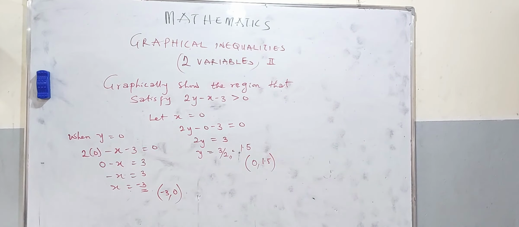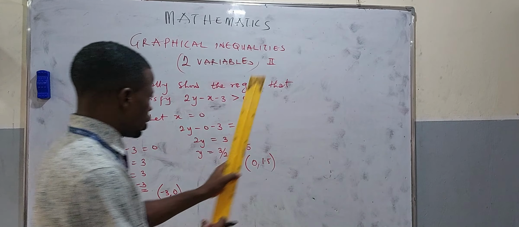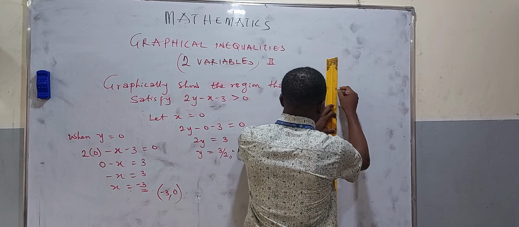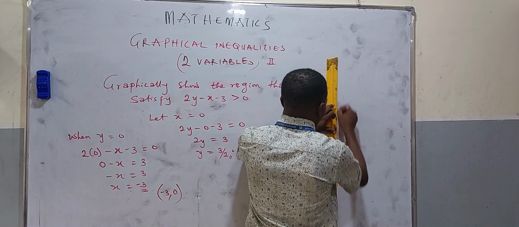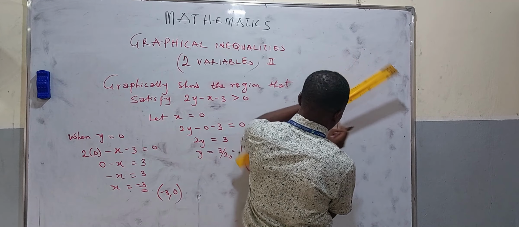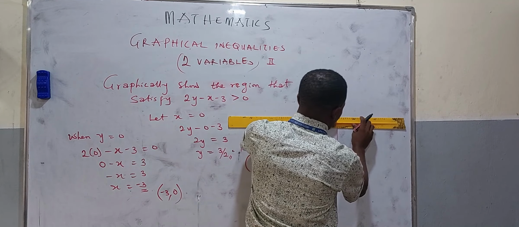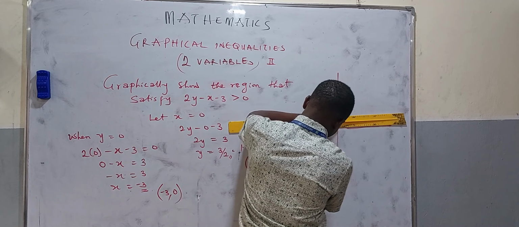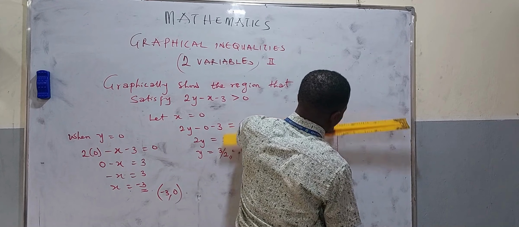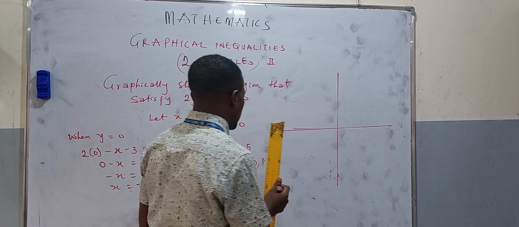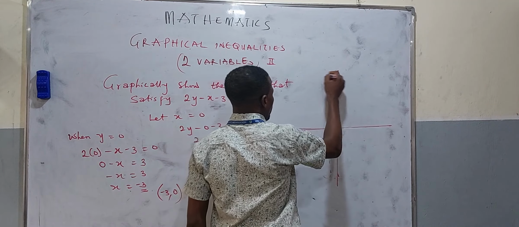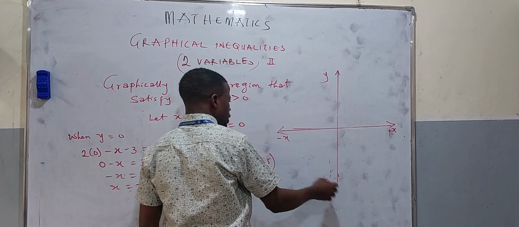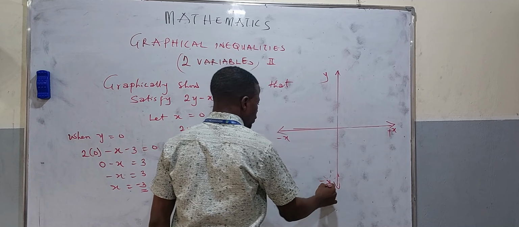Now, I will just draw a Cartesian plane, not too big. I can call this my y-axis. This is my positive x, this is my negative x, this is my negative y.